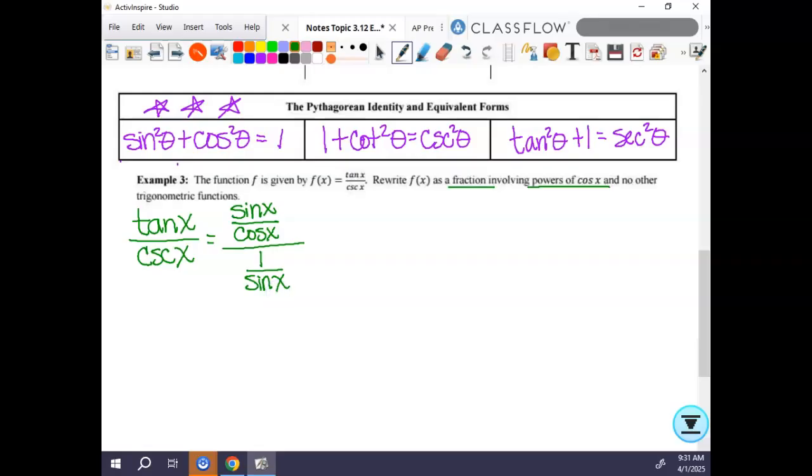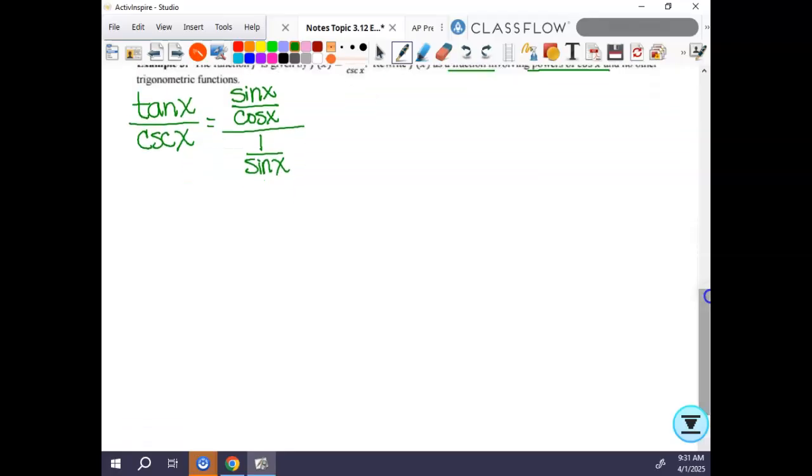Second of all, I'm not going to make up math, and I'm not going to take any shortcuts and do something ridiculous. I know that this right here just represents a division sign. So I'm going to do my fraction rules. I'm going to keep the first part, so sine x over cosine x. I'm going to change division to multiplication, and then I'm going to take the reciprocal of the denominator, which makes that sine of x over 1.